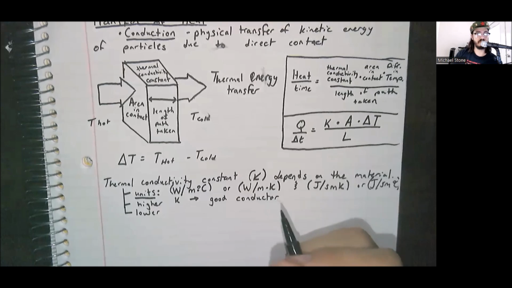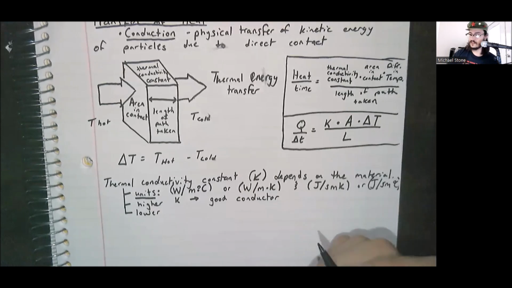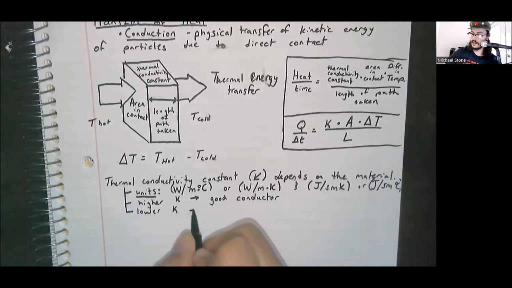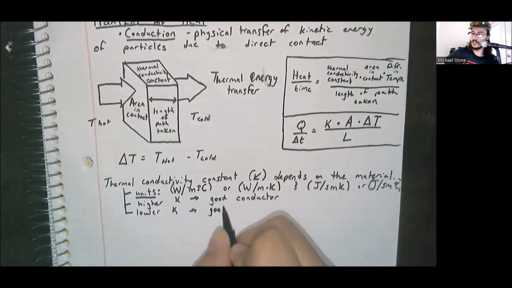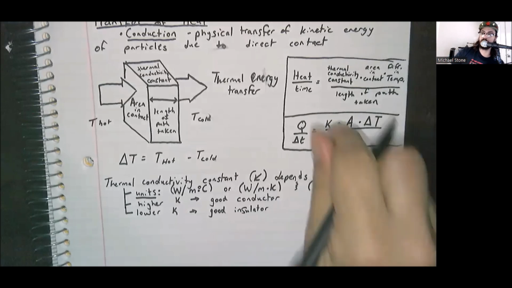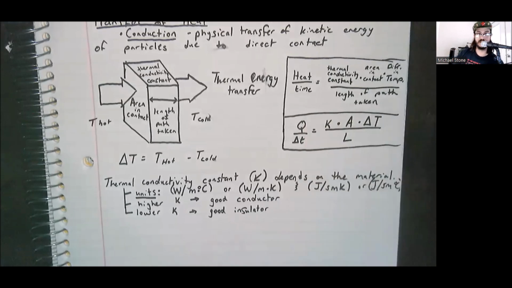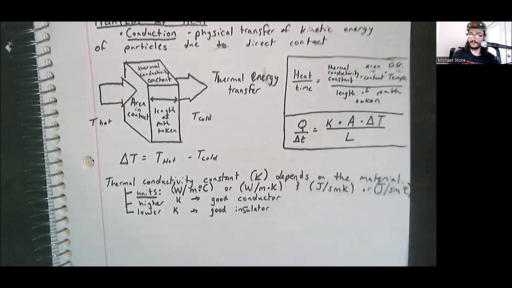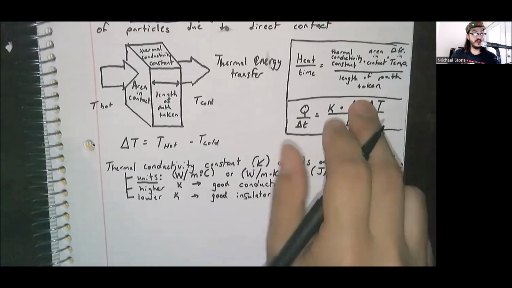But 9 times out of 10, it's going to be given to you. Lower K, good insulator. And if you can't tell from my handwriting, this K is lowercase like we usually do for constants of proportionality.